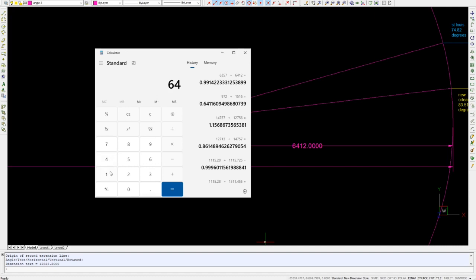So 6,412 divided by 6,357. It's just 1%. As you can see, that 0.08 is supposed to round into that. So basically it's 1% out.